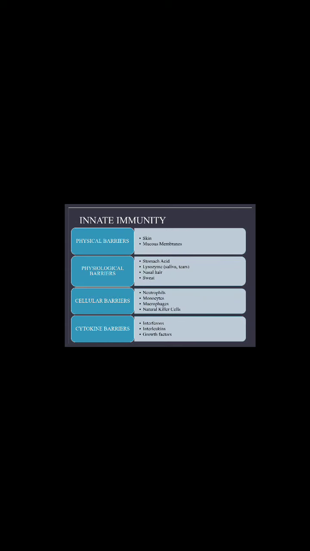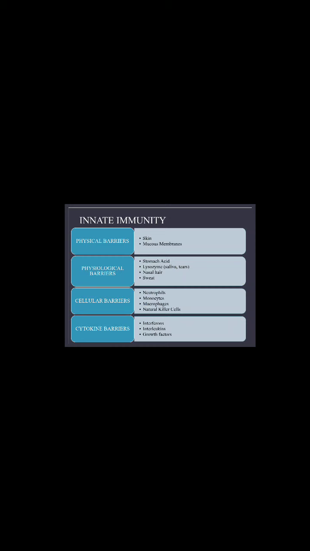Now if we see, innate immunity is also divided into 4 parts. These are physical barriers, physiological barriers, cellular barriers, and cytokine barriers. Acquired immunity is also of 2 types, active and passive. Let's see the innate immunity in detail. Now, what are the physical barriers?